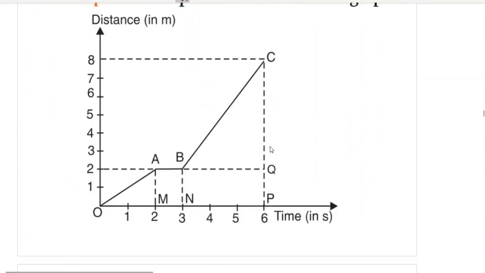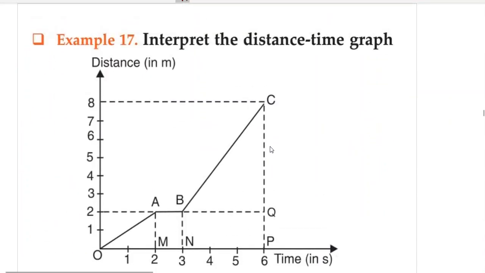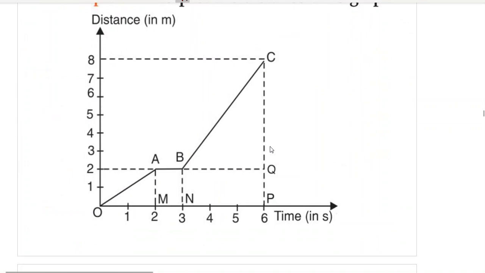Okay, let's start with some solved examples. Interpret the distance time graph. Interpret means study this. So what is happening? This is a distance time graph, so it is showing how much distance a body is covering in a particular time. The body is starting from rest.